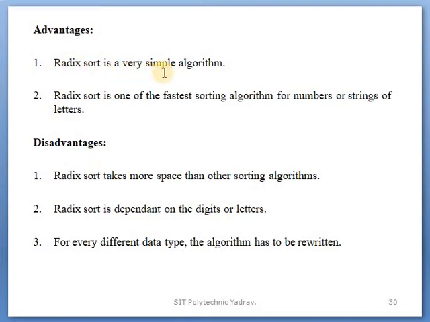Radix sort is a very simple algorithm, because it is a non-comparison algorithm. Only digits are used to sort the numbers, so radix sort is a very simple algorithm. Radix sort is one of the fastest sorting algorithms for numbers or strings of letters.